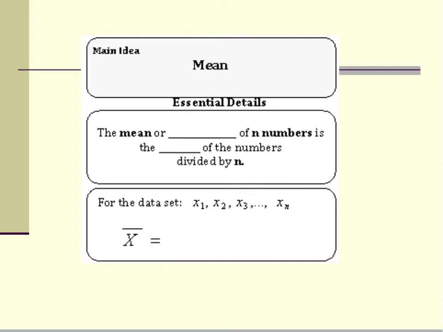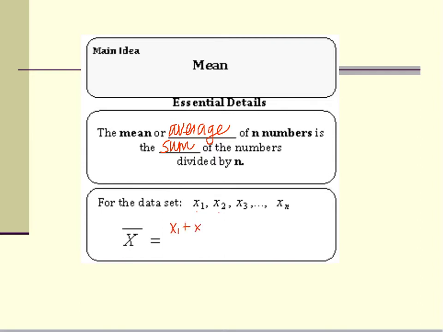We again said the mean, or the word that you know the most, is the average of the n numbers. And it's the sum of all of our numbers, and we divide it by how many there are. And so we give it to you in a general formula. If there are a bunch of numbers, and we call it, in general, x1, x2, x3, all the way up to xn, what we do is we add them.